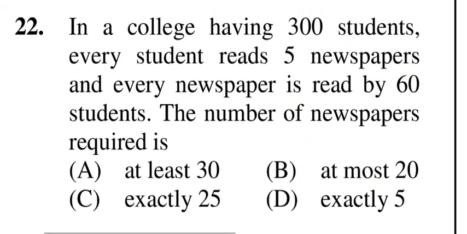22. In a college having 300 students, every student reads 5 newspapers and every newspaper is read by 60 students. The number of newspapers required is what? At least 30, at most 20, exactly 25, exactly 5. Let me repeat it.